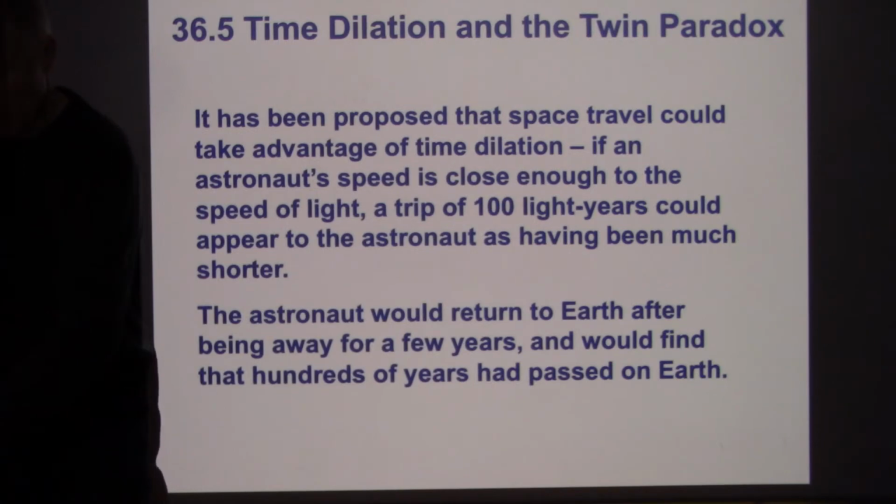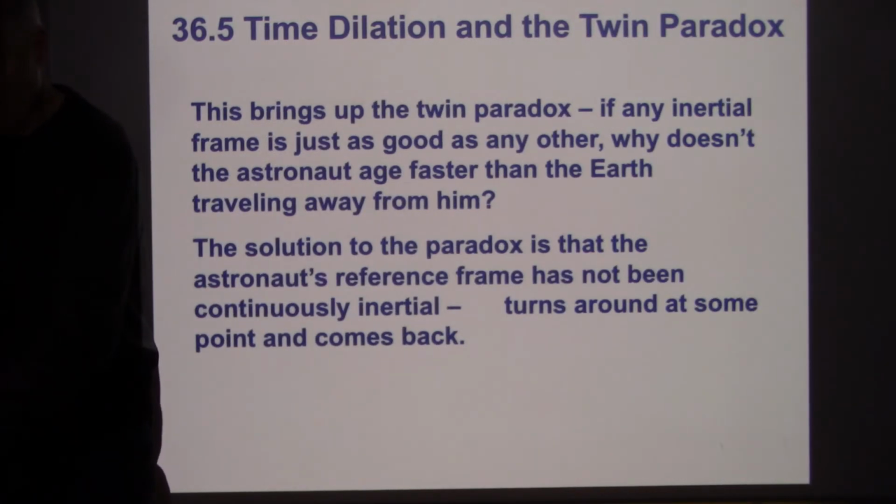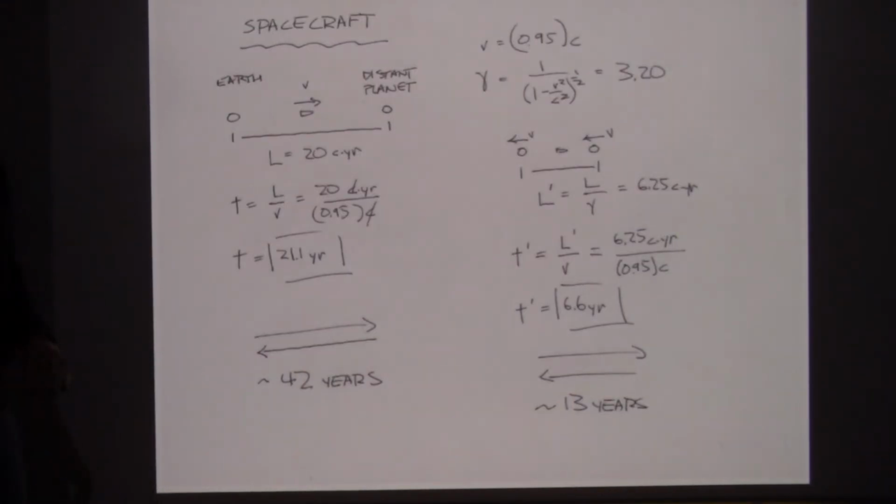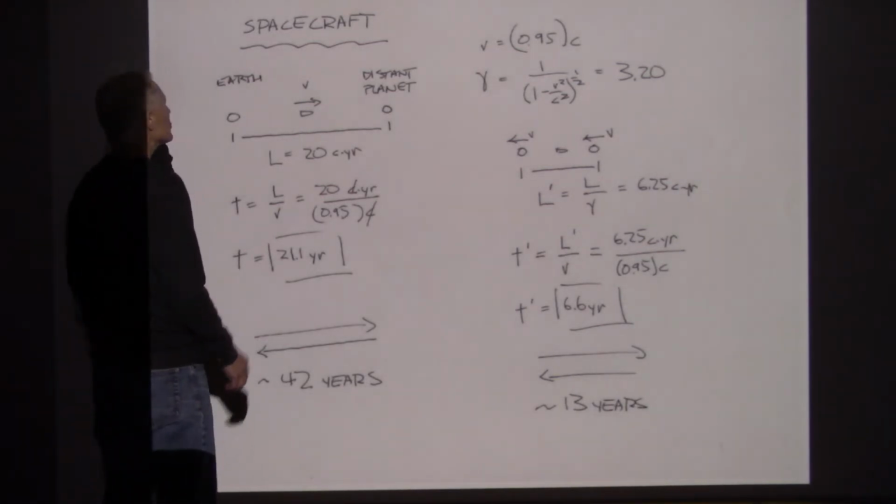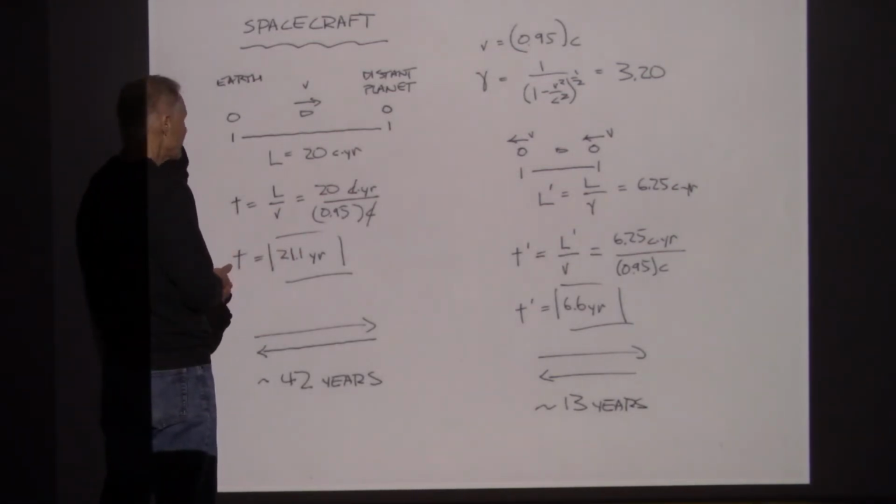So this is what it would look like. I'm going to jump ahead here. Let's put some numbers in and see what happens. First of all, let's identify the reference frames that we're looking at.